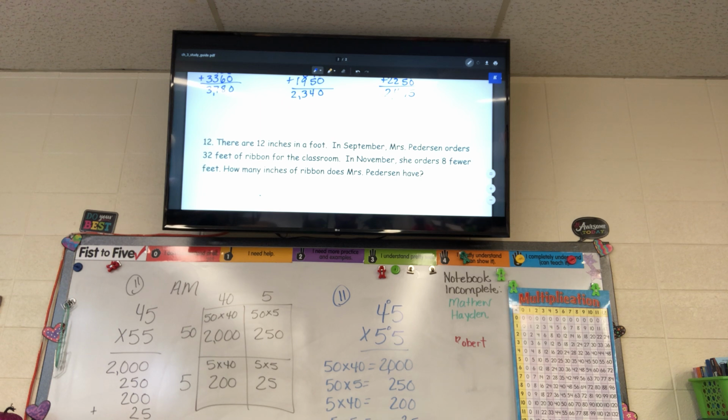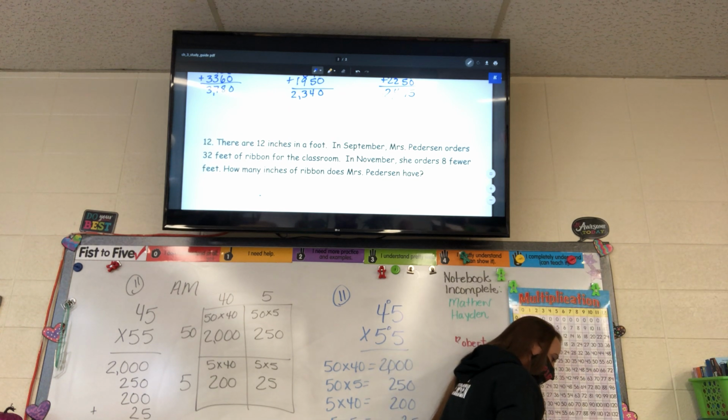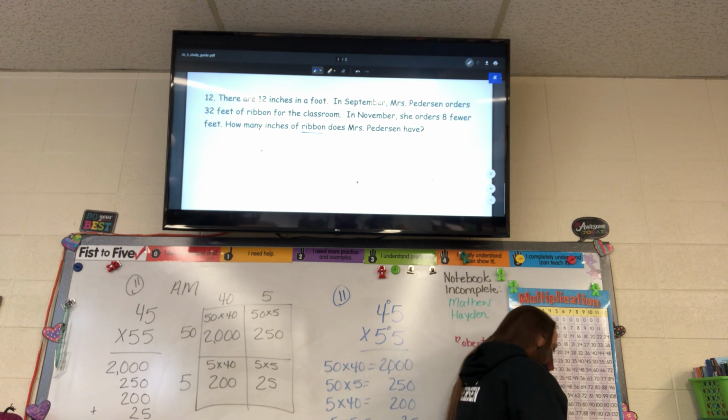There are 12 inches in a foot. In September, Mrs. Peterson orders 32 feet of ribbon for the classroom. In November, she orders 8 fewer feet. How many inches of ribbon does Mrs. Peterson have? Okay, so here we go.